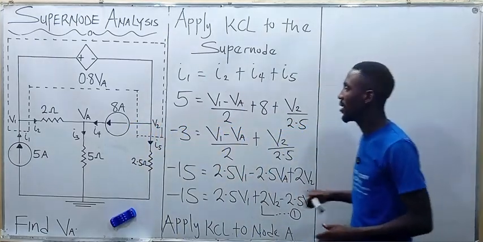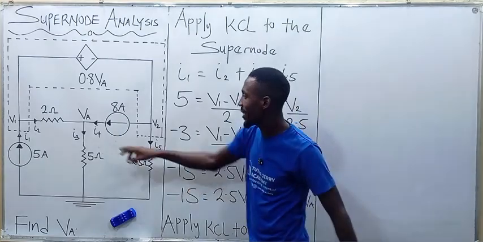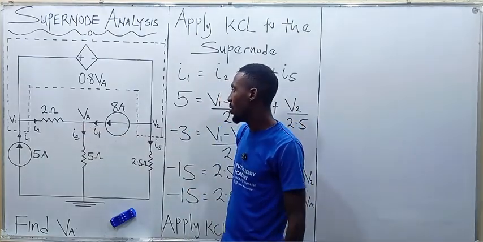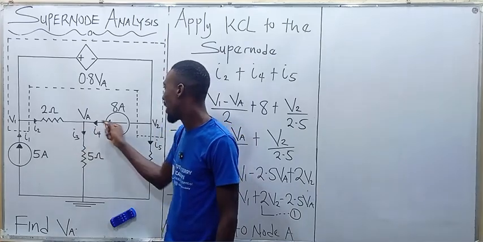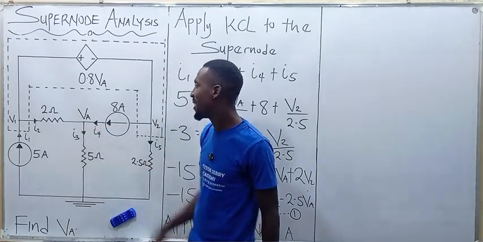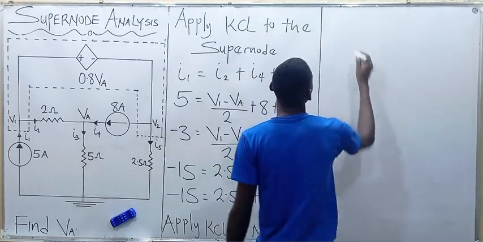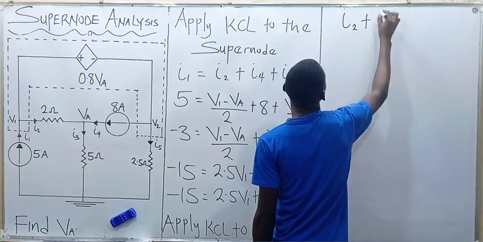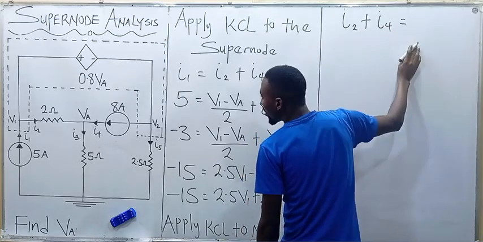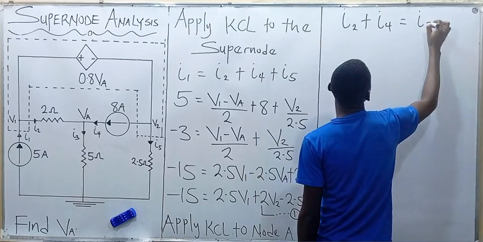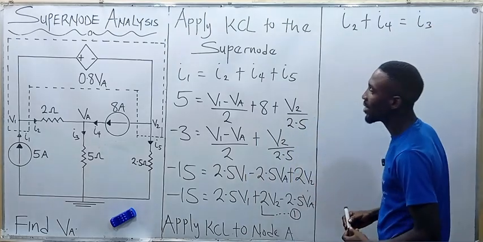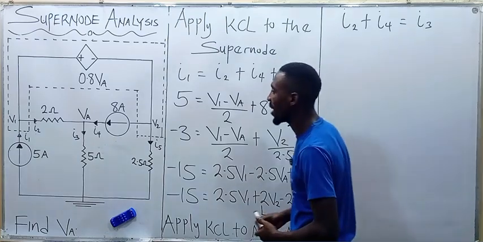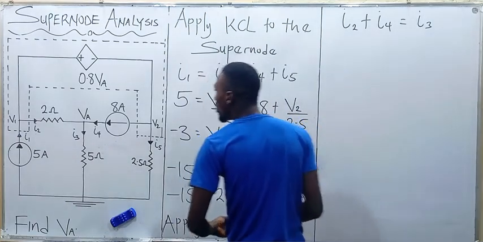So if we do that and we look at our node A here, the current that is entering is I2 and what? I4, and I3 is leaving. So it's going to be what? I2 plus I4 will be equals to what? Will be equals to I3. So I2 is between what? V1 and what? And VA, right? So it's going to be what?